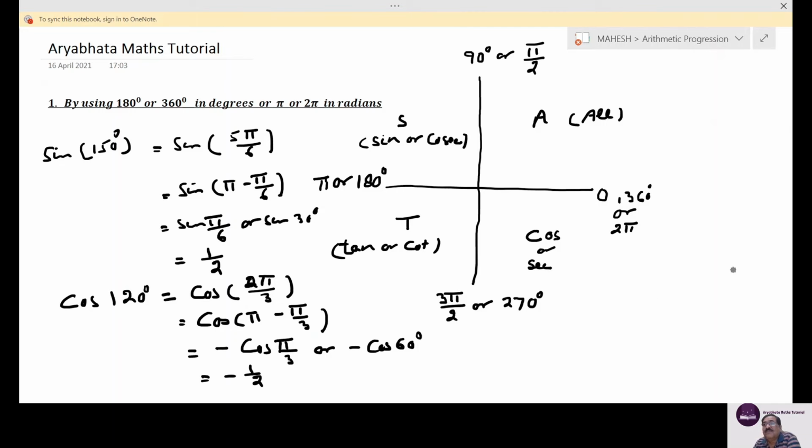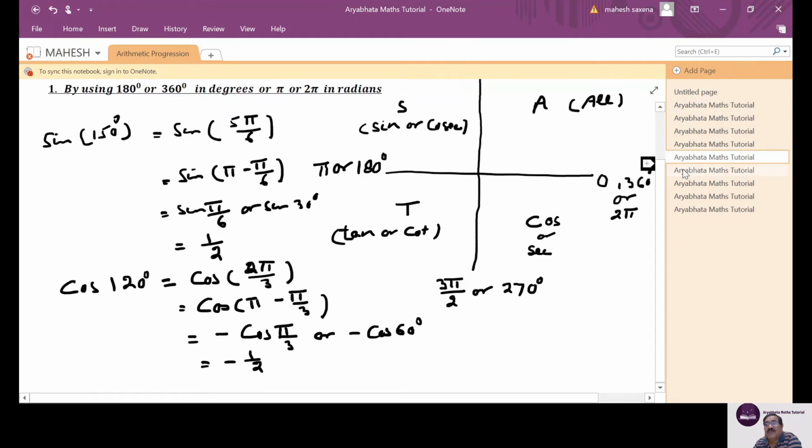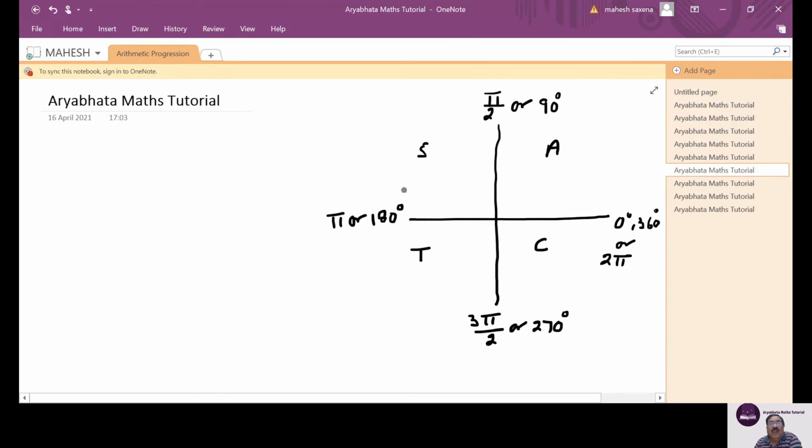Similarly, suppose we have to determine tan 210 degree, or it can be represented as tan 7 pi by 6. This can be represented as tan of pi plus pi by 6.